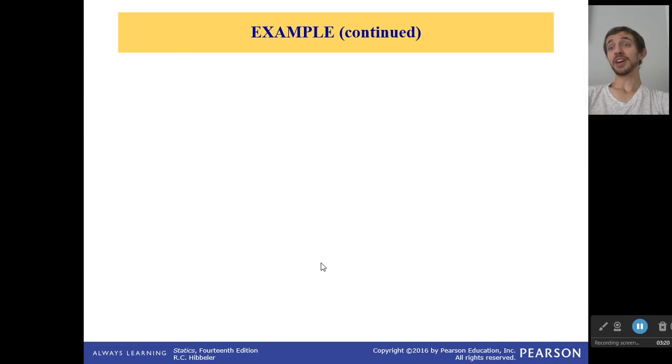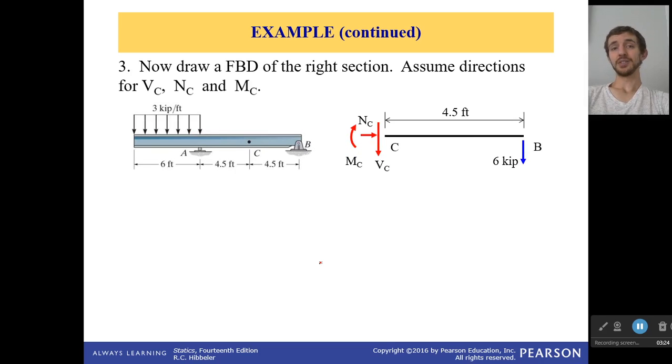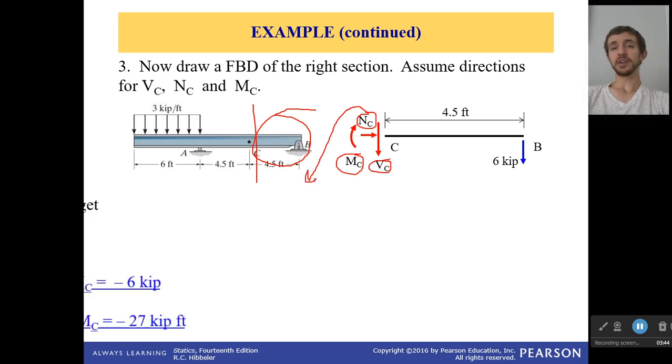Okay. Now with that, we have our support reactions, so we can go ahead and use the method of sections to start solving. So we cut right here. We only take this part, and because we cut it, we have to add in a shear force, a normal force, and a moment. These are all the internal forces and moments at point C. Now, as might be reminding you from earlier, there are no forces in the X direction, so guess what?